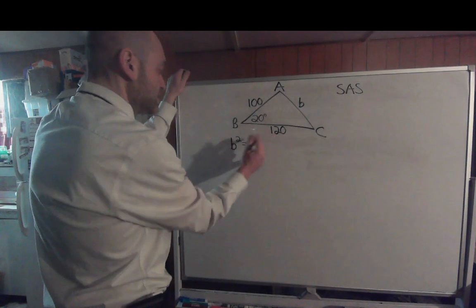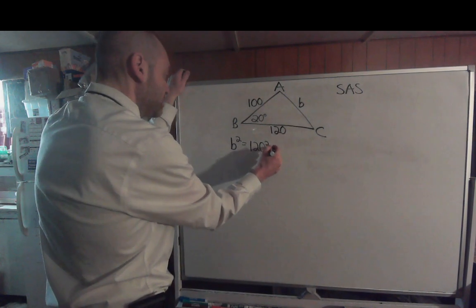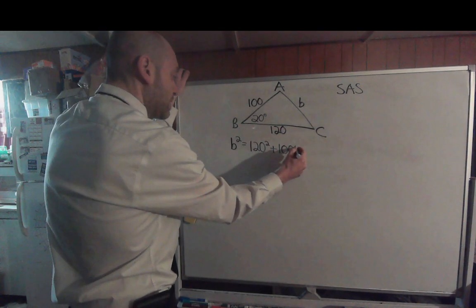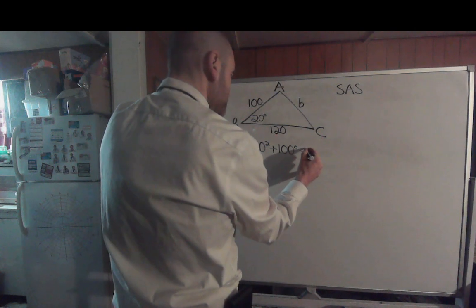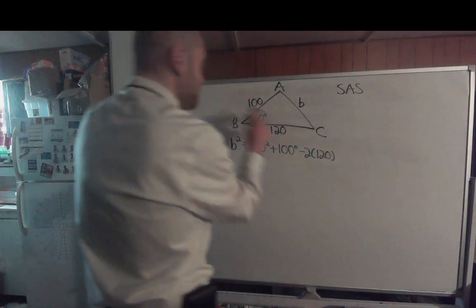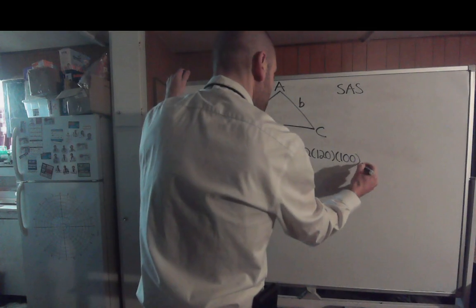So our a is 120 squared plus that c squared of 100 squared minus 2 times our a of 120 times our c of 100 times the cosine of that 20 degrees.